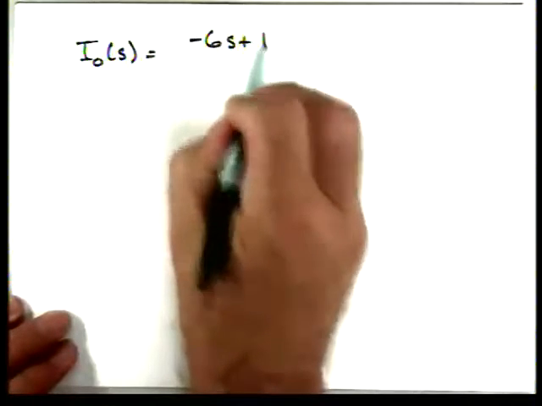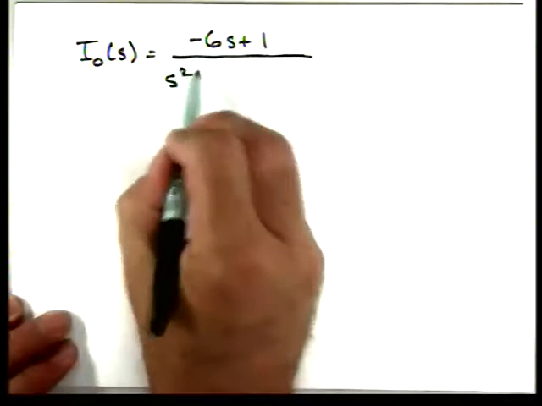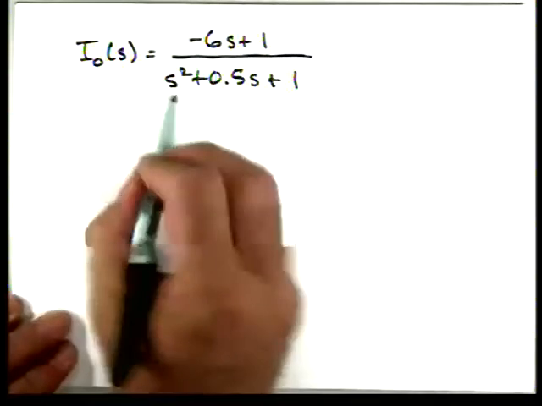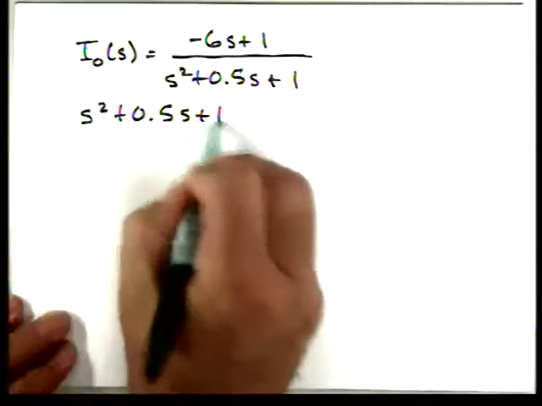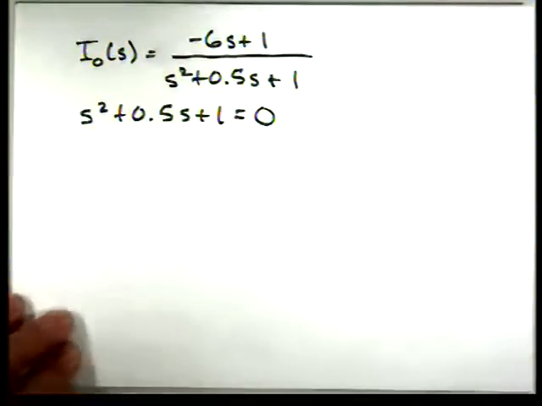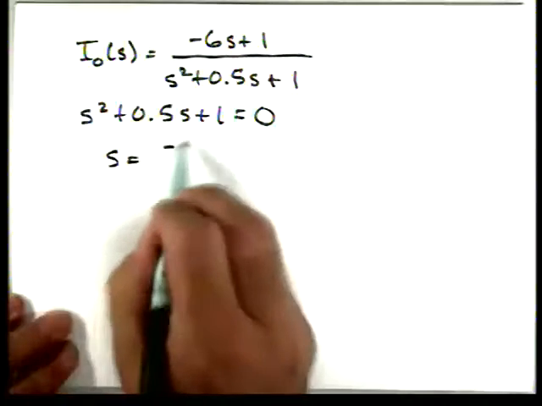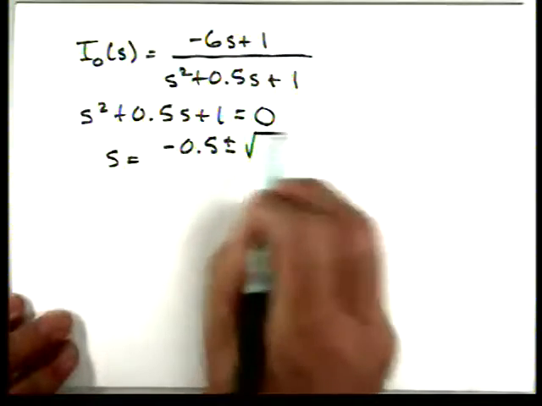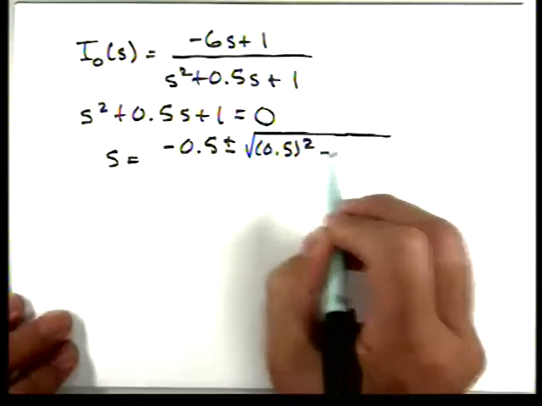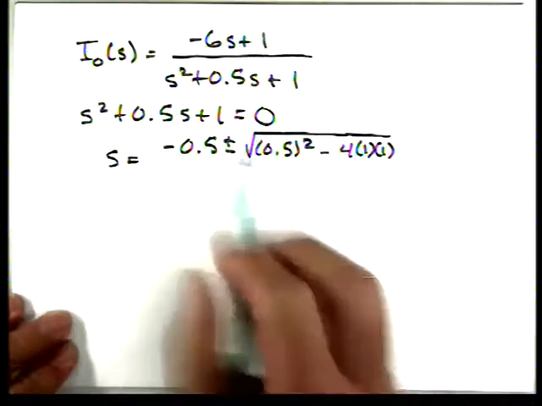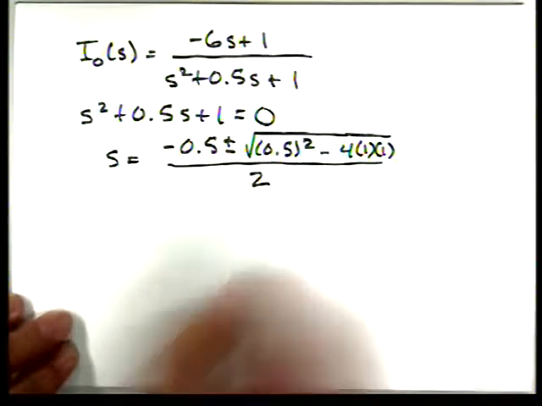So if we start off with I0 of S, minus 6S plus 1 over S squared plus 0.5S plus 1, let's look at the roots of our characteristic equation. Let's use the quadratic formula. So S is equal to minus 0.5 plus or minus the square root of 0.5 squared minus 4 times 1 over 2.